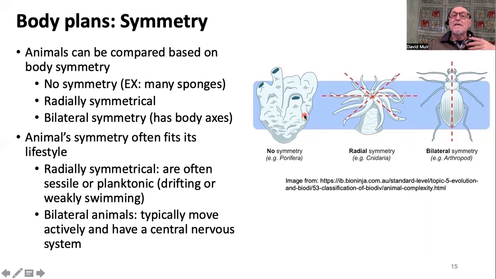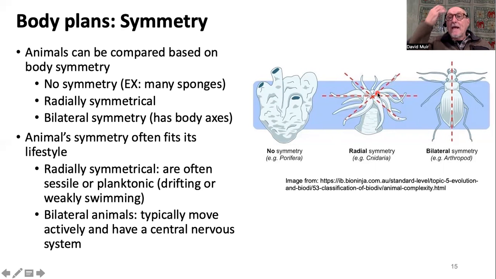Okay, first of all, organisms that lack any symmetry at all, it's very difficult for their tissues to organize into performing a particular function. It can be done, but it does not appear to be very common. In the radially symmetrical organisms, they are receiving information from all sides equally.